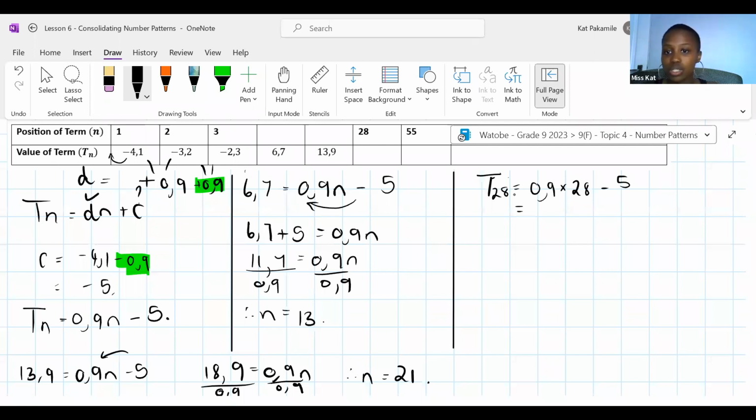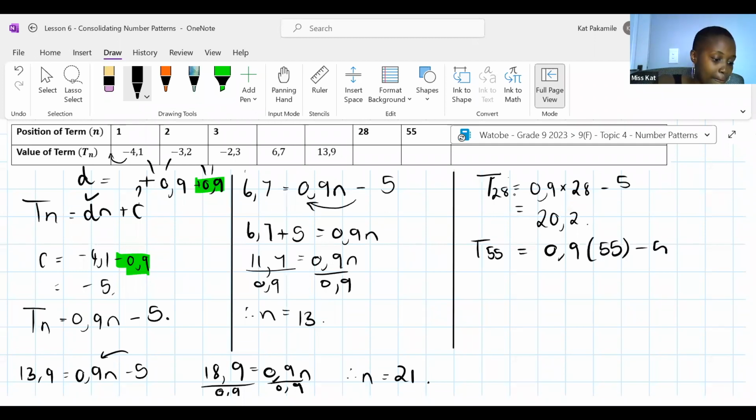So it's 20.2. And then term number 55 is equal to 0.9 times 55 minus 5. And that is going to give me 44.5. Whew. Did I make mistakes? Is everything fine?